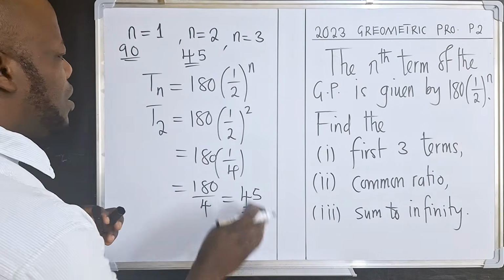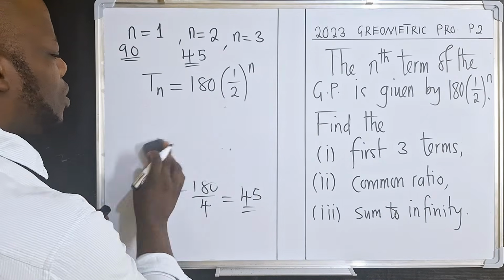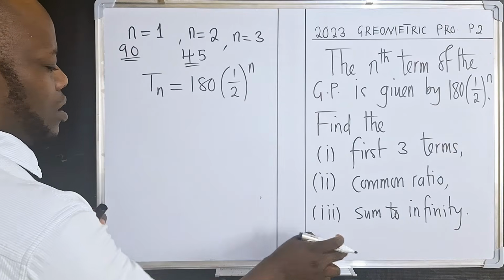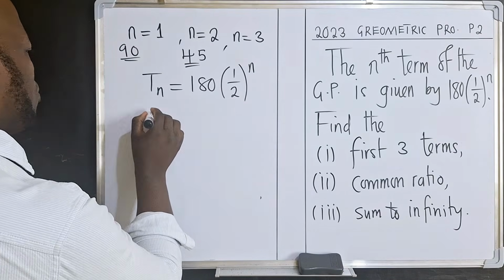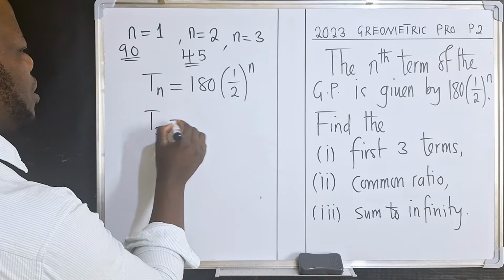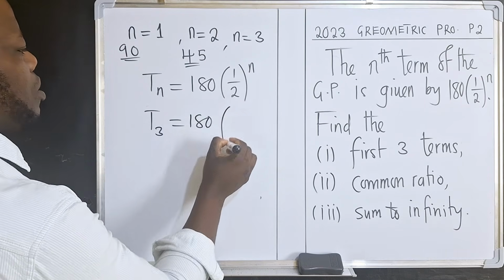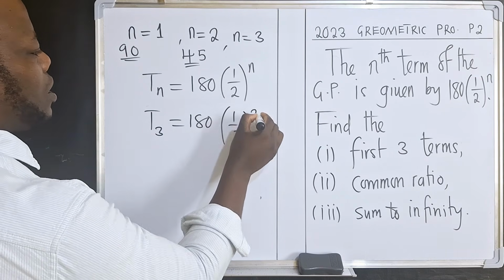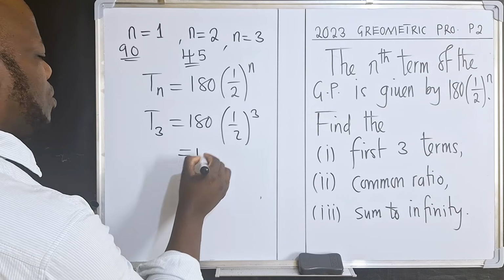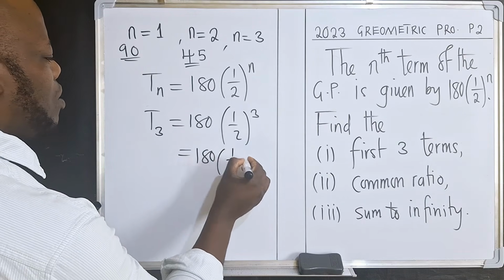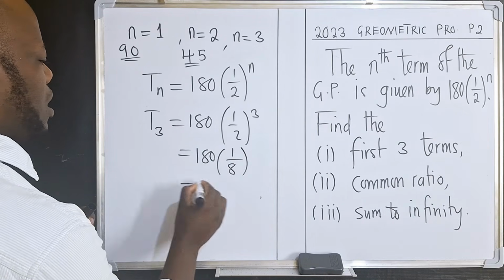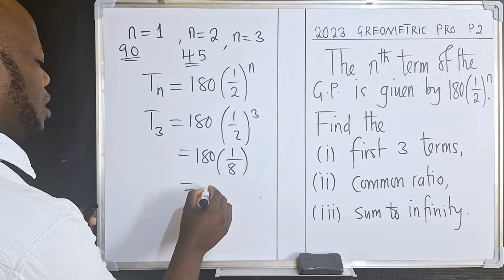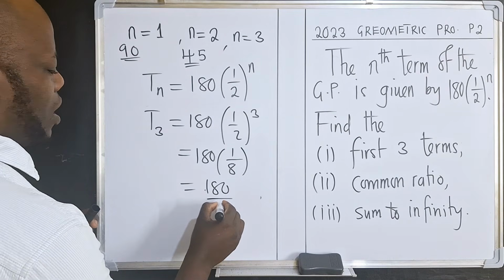We go to the third term. For the third term, we need to just substitute 3 here: 180(1/2)^3. So this is 180 times 1/8, which gives us 180 over 8.